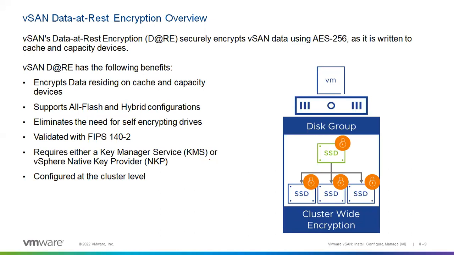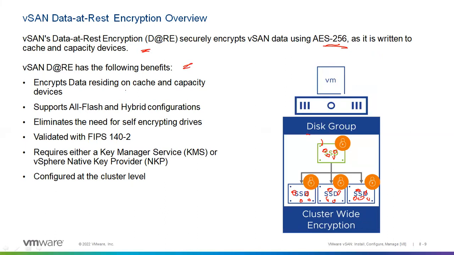DARE refers to data at rest encryption. It securely encrypts the data being written inside my cache drive, or being written inside my capacity drive. That's what we refer to as data at rest encryption. It uses AES 256 as the algorithm for data written to the cache and capacity devices, and has the following benefits.